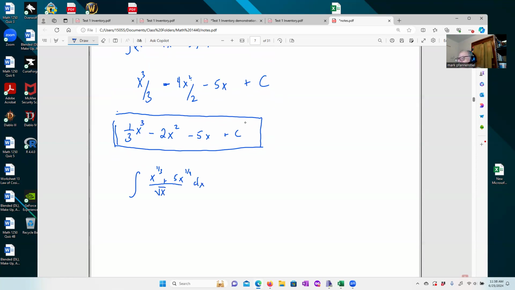So what we're going to have to do is, again, we have pluses on the top and one thing on the bottom, so we can go ahead and divide each term. We could say this is going to be the integral of x to the 1/3 divided by x to the 1/2, that's what the square root means, plus 5x to the 1/4 divided by x to the 1/2.